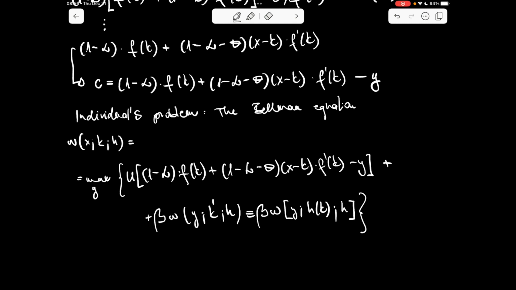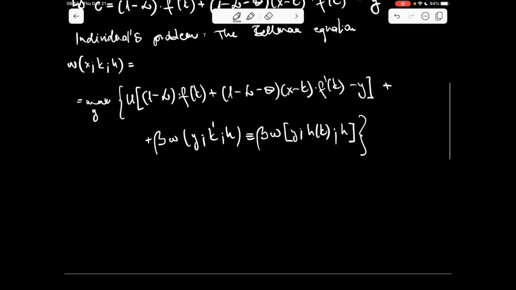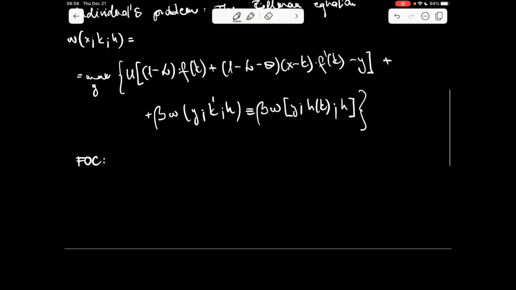Alright. From this Bellman equation, it's easy to get to the first order condition, by differentiating the Bellman equation with respect to the control variable, which is y.